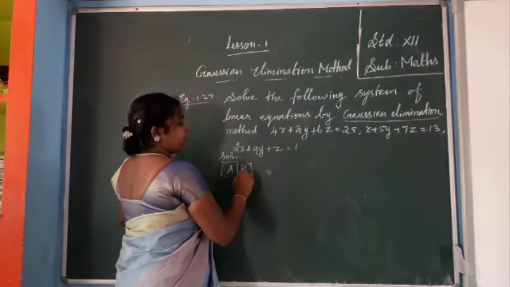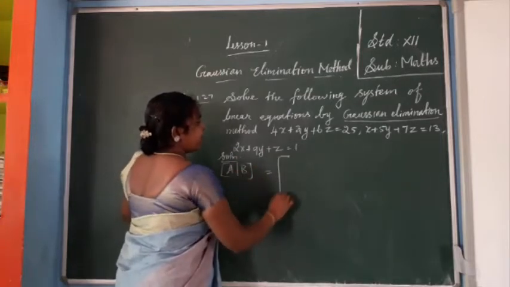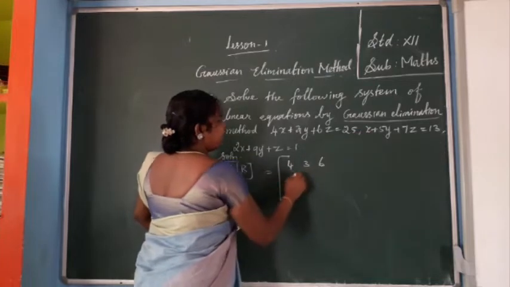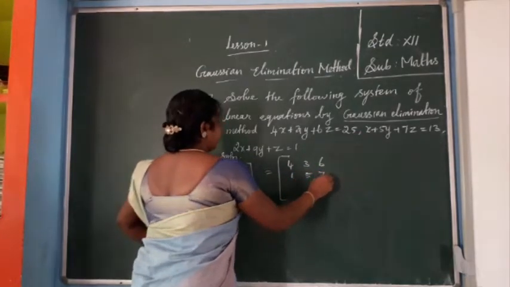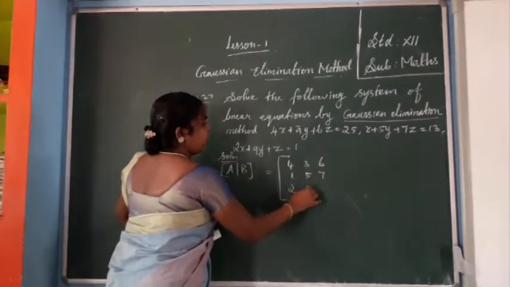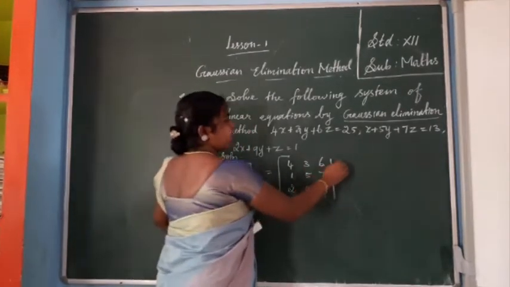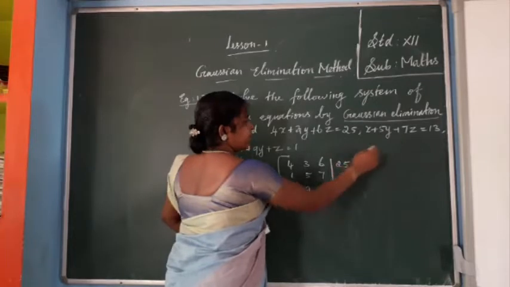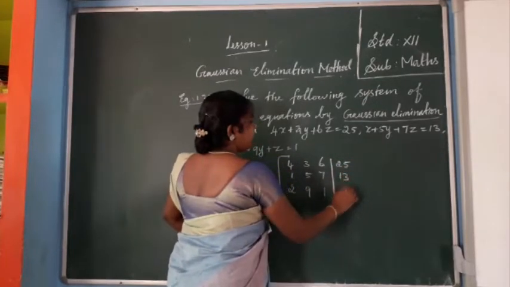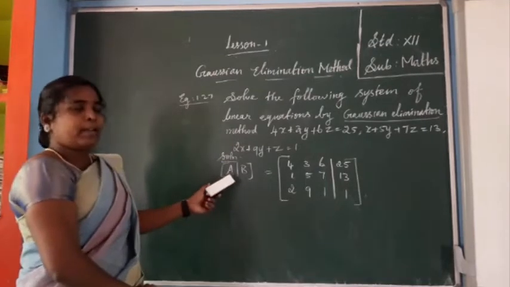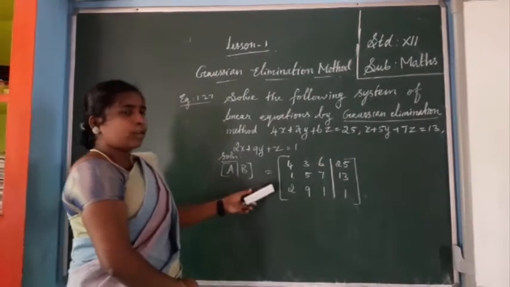A bar B. So A is 4, 3, 6, next 1, 5, 7, next 2, 9, 1. Then bar, constant term you have to write 25, next 13, next 1. Okay, first step over. I have written augmented matrix A bar B.